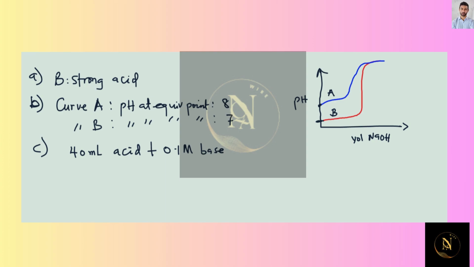So for A, let's see, in the original graph, the equivalence point for B is almost around 40. This is like 40, and the equivalence point for A is around 30.